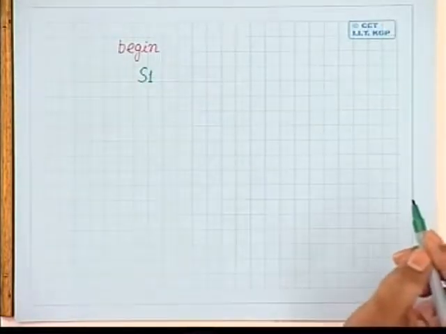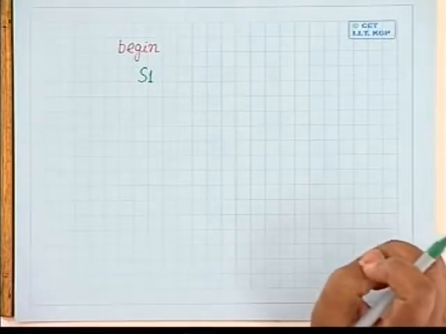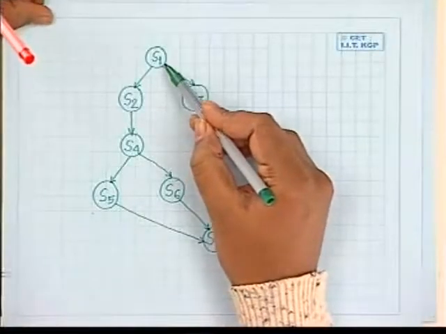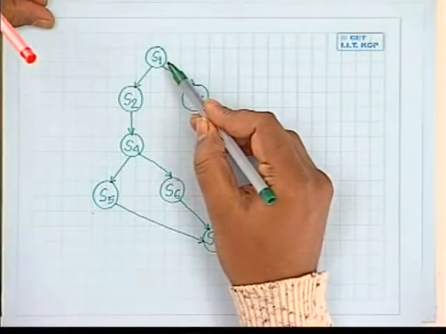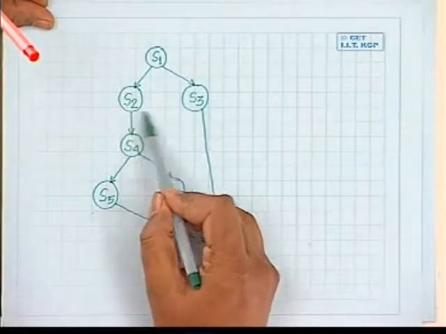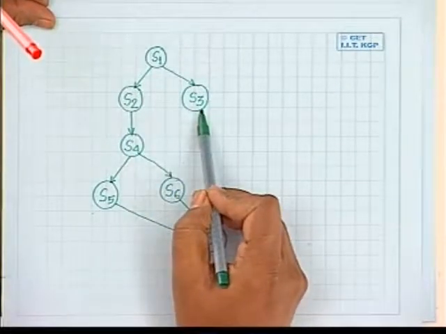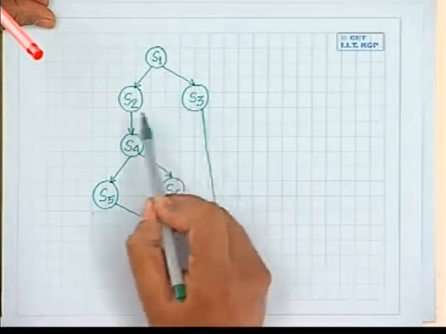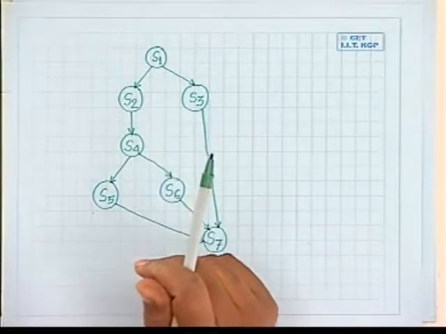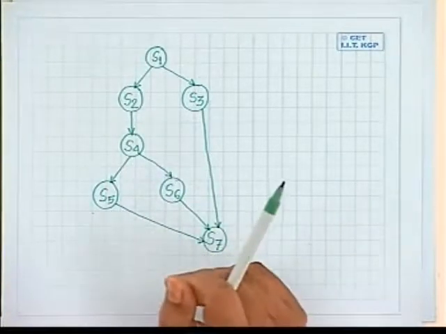After S1 is completed, I can create two processes. One process will execute S2, and the other process will execute S3. That means I have to have a system call for creation of a new process.